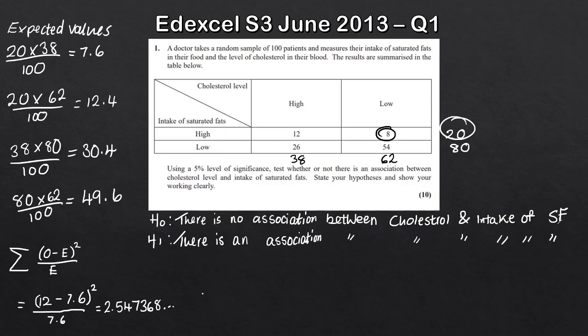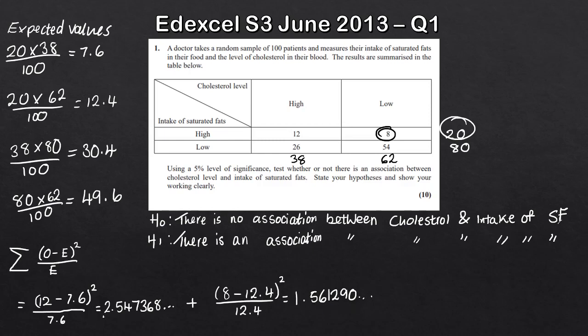So the next one would be, say, 8. That's what we observed. So that would be 8 minus 12.4. Square this, and we divide it by 12.4. Okay. If you calculate this, what you're going to get here is 1.50.61290. Now, I'm not going to work out the next two individually. I'll just write them down on the screen here.